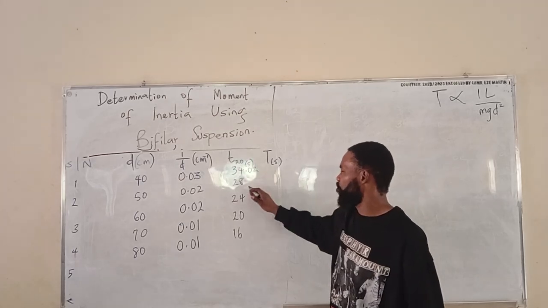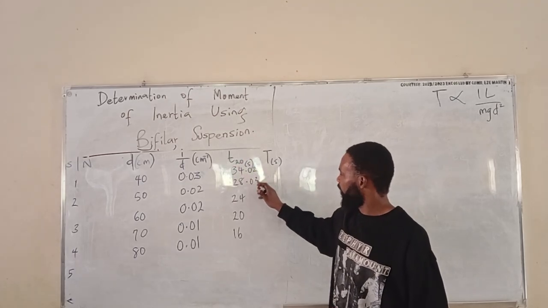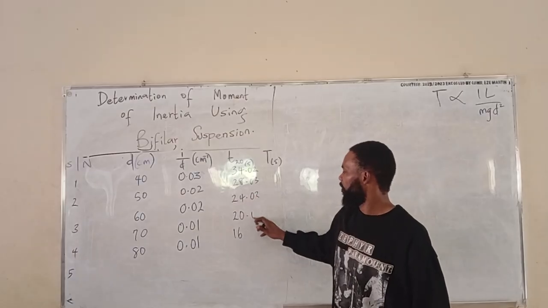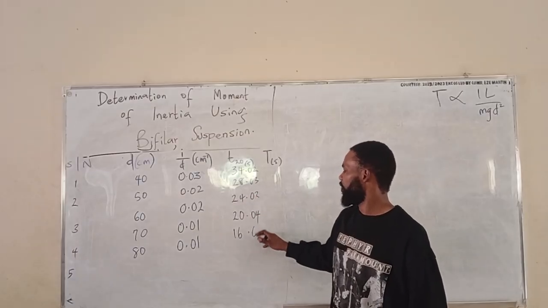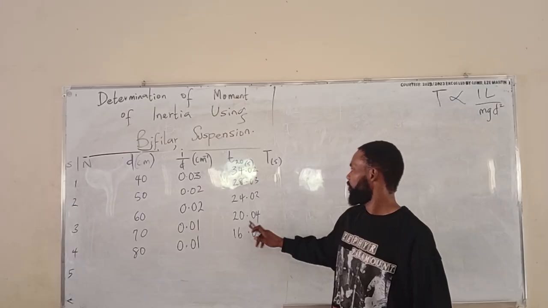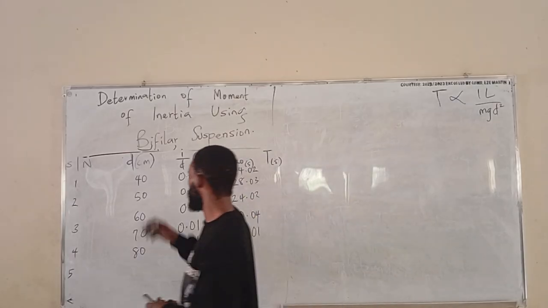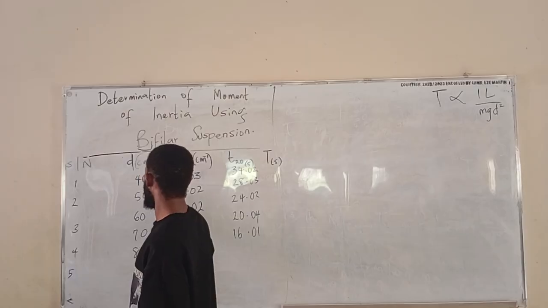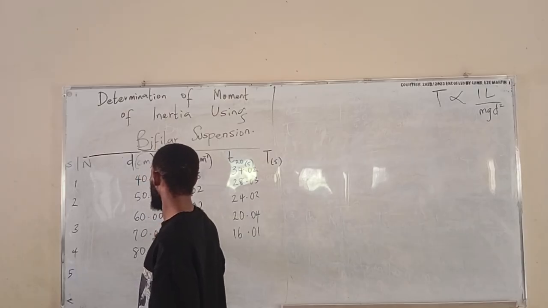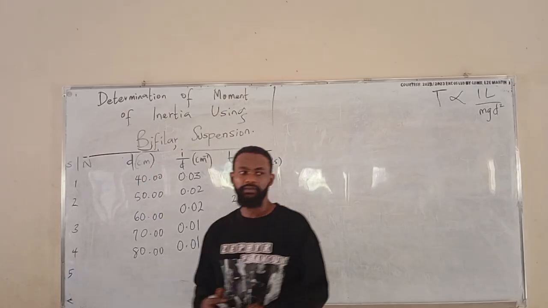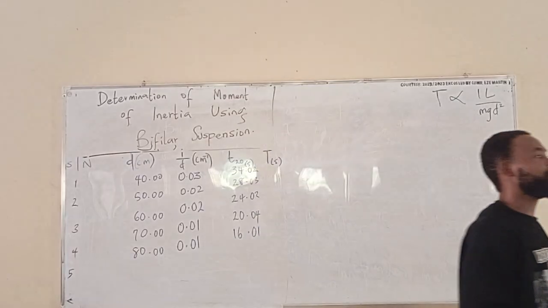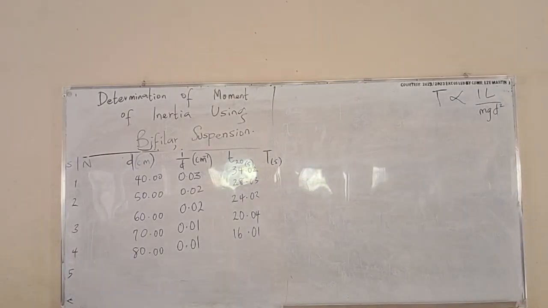So let's say this is 0.02, 0.03, 0.02, 0.04, 0.01. So I'm using 2 decimal places.